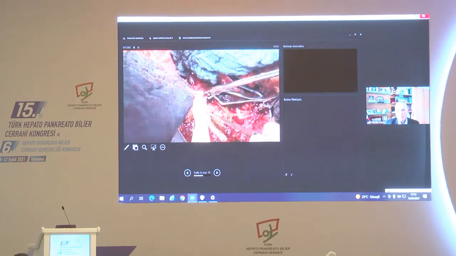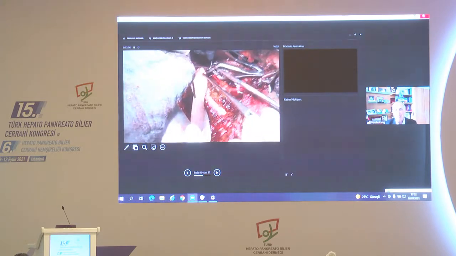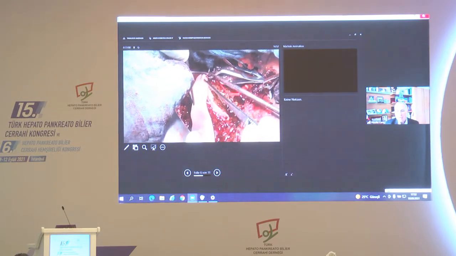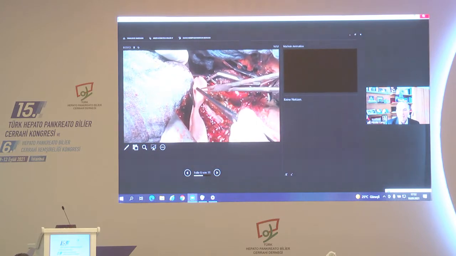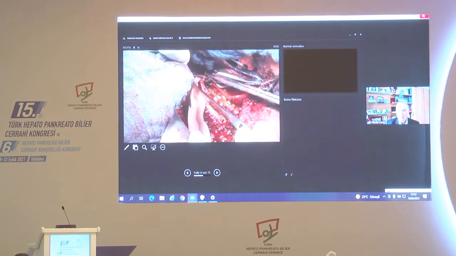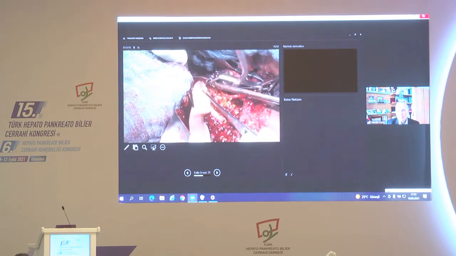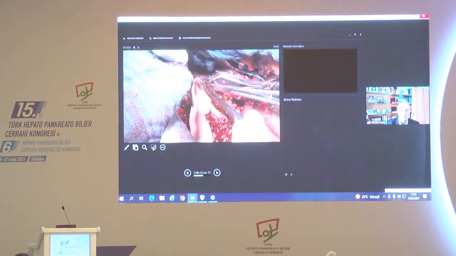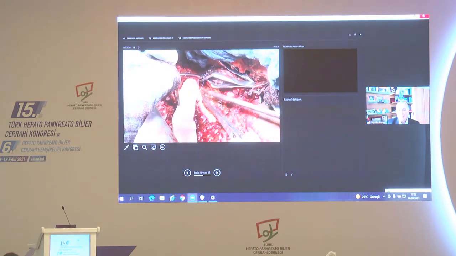So we had to reconstruct almost the entire anterior wall of the right hepatic vein. Here is only a small rim of the posterior wall. See here the clamp on the right hepatic vein.